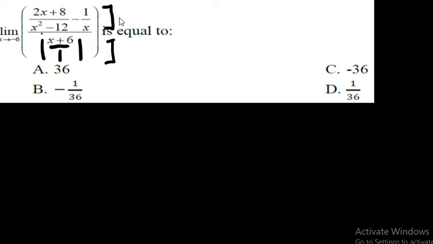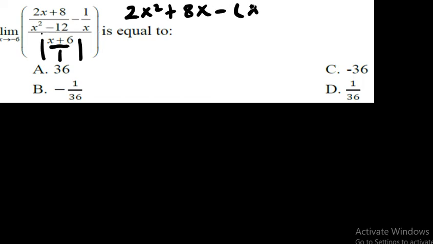Therefore, to process the upper part of the fraction, we have to apply crisscross, because the denominators are not the same, because it's minus. When you apply crisscross, 2x plus 8 will be multiplied by x. It's going to be 2x squared plus 8x minus, in a bracket, x squared minus 12 multiplied by 1.